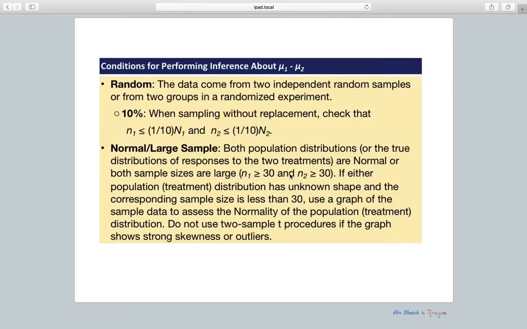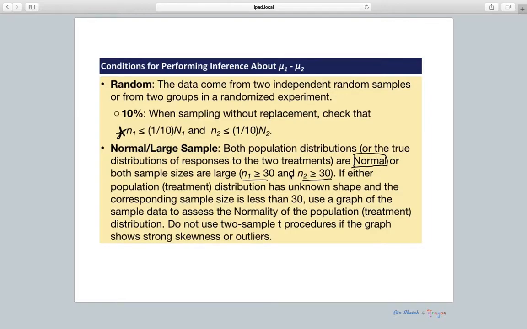All right, so the conditions, the things you have to check. Random: you have to make a statement that the data come from a random sample or randomly designed experiment. 10%: for each sample, it has to be less than a tenth of the population, or another way of saying that is 10 times the sample has to be less than the population. And then large counts: either both sample sizes are at least 30, or you know both parent populations are normal.